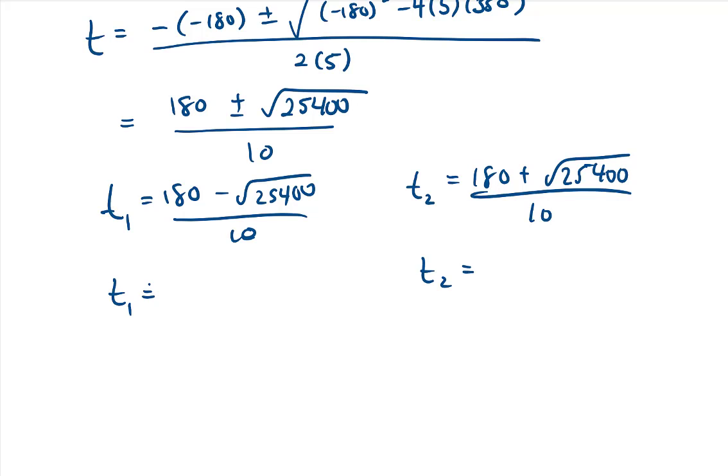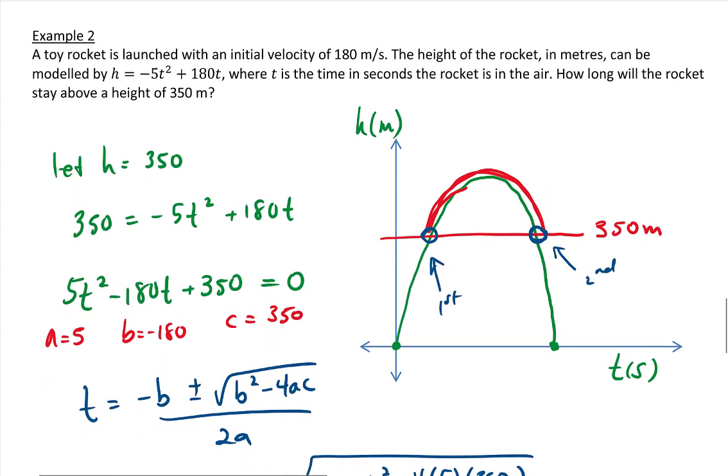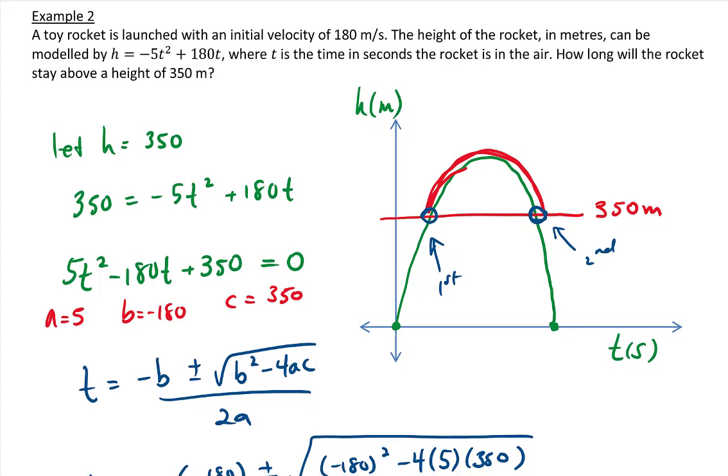When does this happen? So the first time is approximately 2.06 seconds, and the second time is approximately 33.94 seconds. So the question is, how long will the rocket stay above 350?